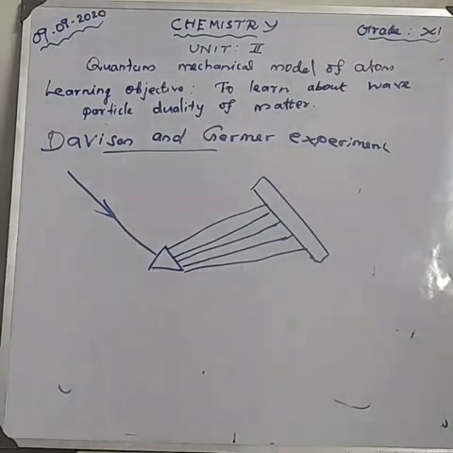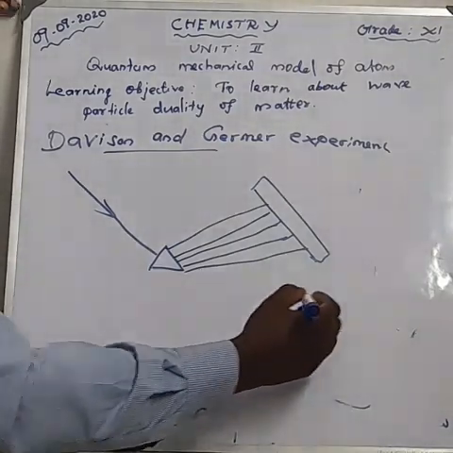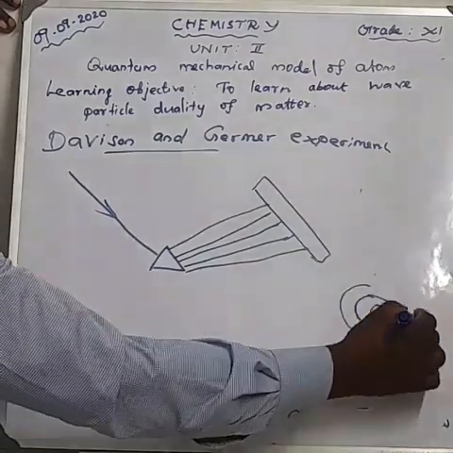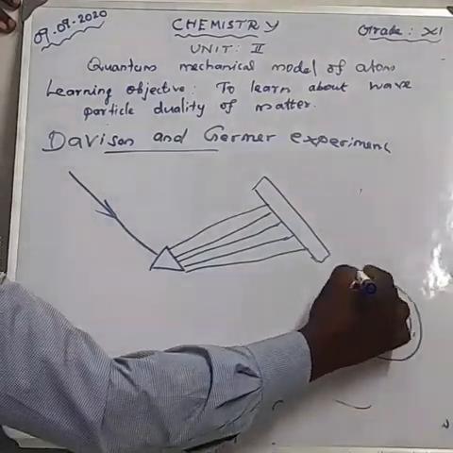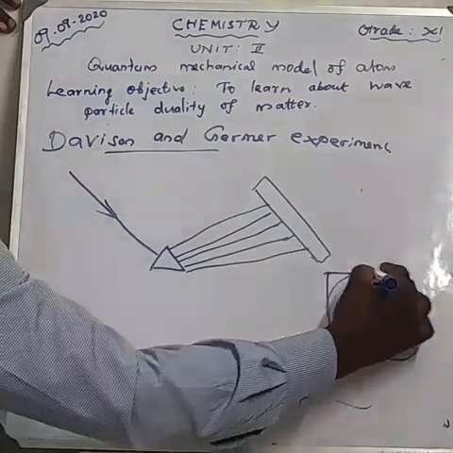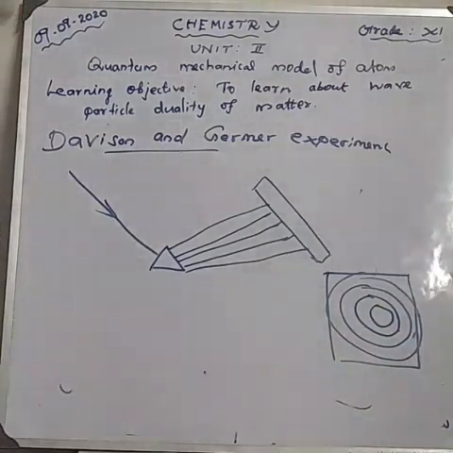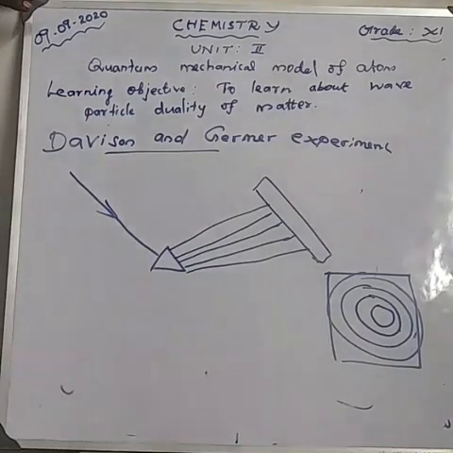The beam of electrons falls on the nickel crystal, and we record the diffraction pattern. What is the diffraction pattern? We get some diffraction pattern like that. The resultant diffraction pattern is similar to the X-ray diffraction pattern.